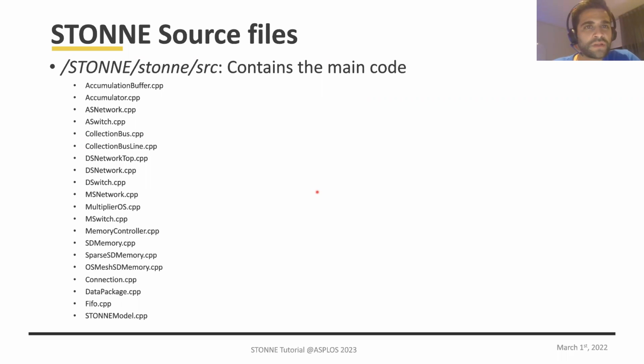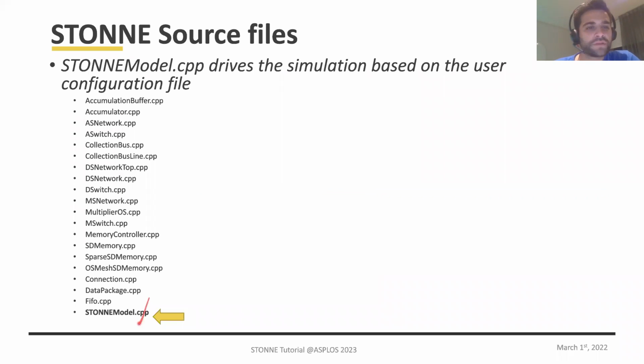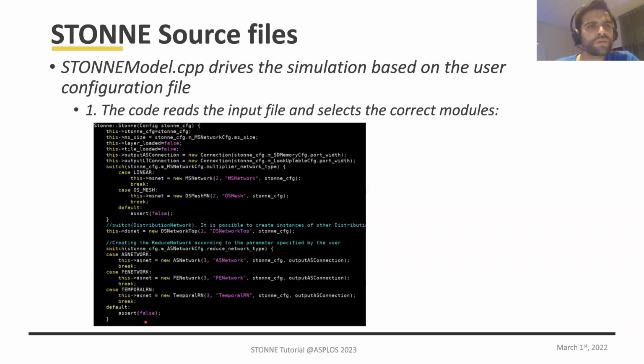As I have said, the SRC folder contains the main folder. There is one source for every header. Basically, every component of the simulator is a .cpp here, and there is this STONNE model.cpp, which is the one that drives the simulation. This file has several phases.